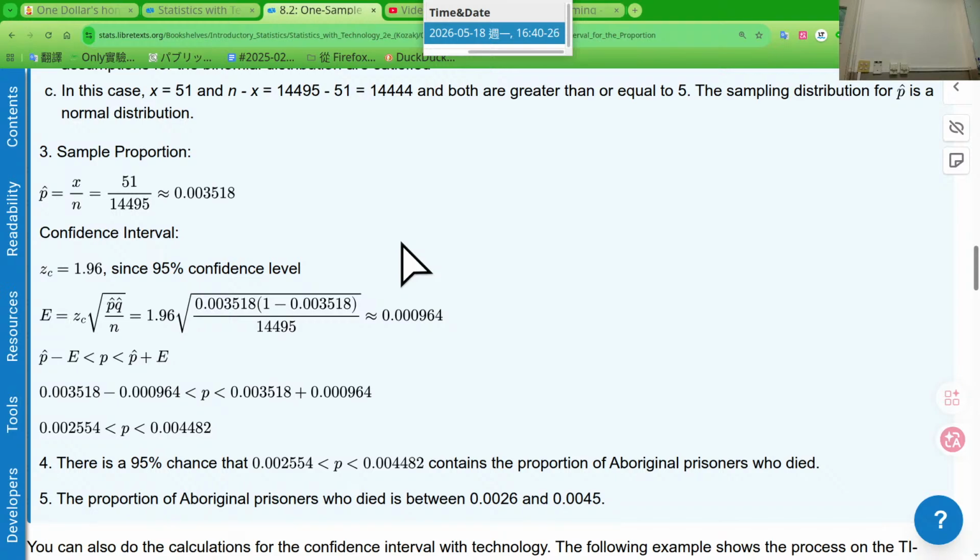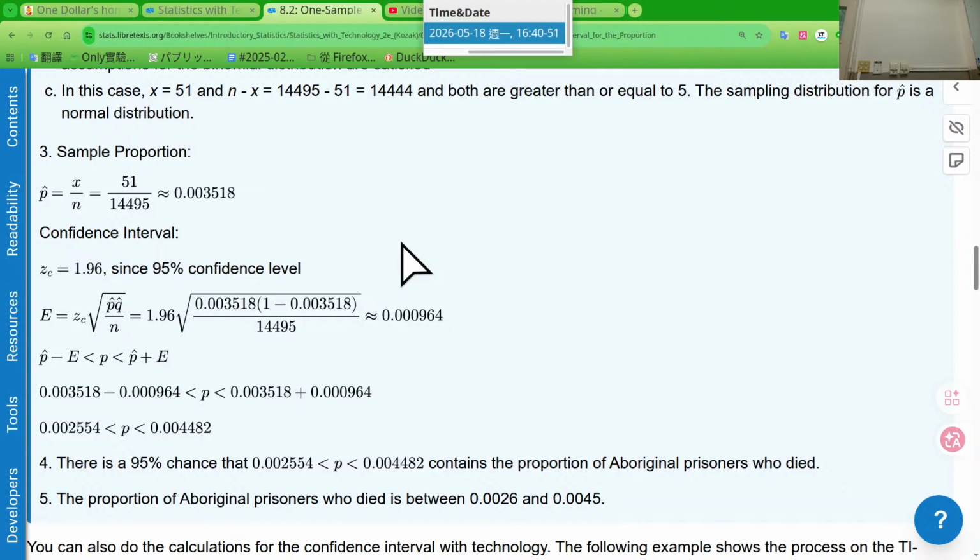We're going to challenge this. 1.96 comes from the standard normal distribution. I'm not satisfied with this answer. We accept this value, but what does it mean? I have my own ideal answer here.